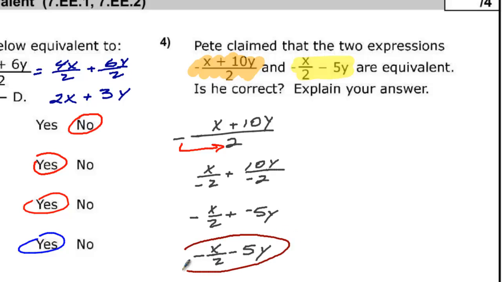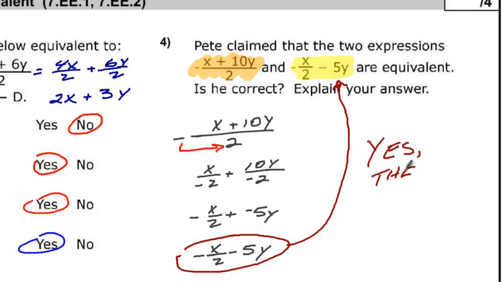And we get an expression that is identical to that expression. So the answer is yes, they are equivalent.